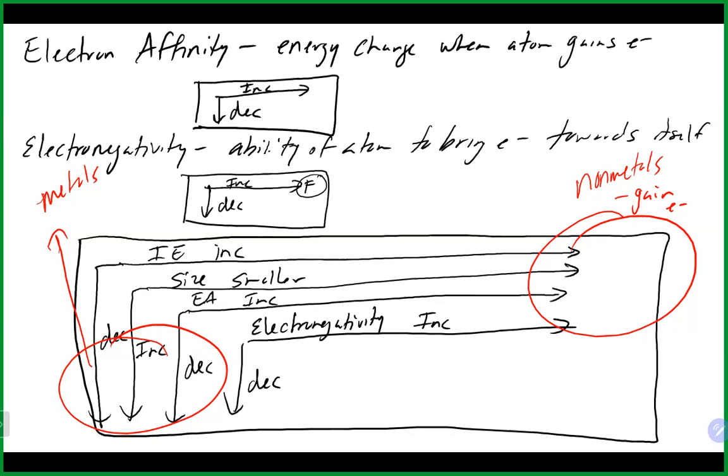And they have low electronegativity, which means they're not interested in bringing any electrons to themselves. All of those trends together means metals typically are like, go ahead, take my electrons, please. I don't really care. They are the ones that will typically lose electrons and become positively charged. So these trends explain why nonmetals typically are the ones that always gain electrons, and metals are always the ones that basically will lose electrons.